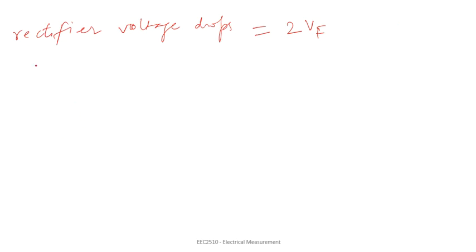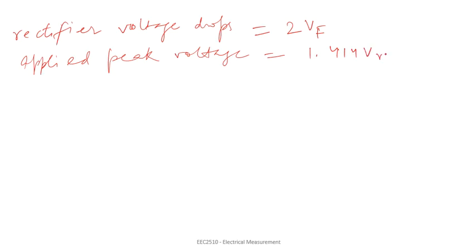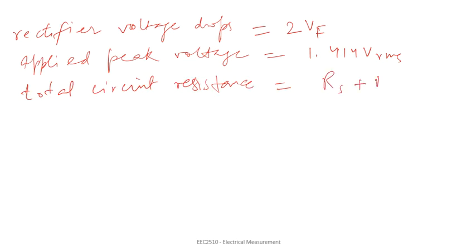Okay, and the applied peak voltage is 1.414 times the RMS value. Okay, and the total circuit resistance will be the series resistance RS plus the meter resistance RM.